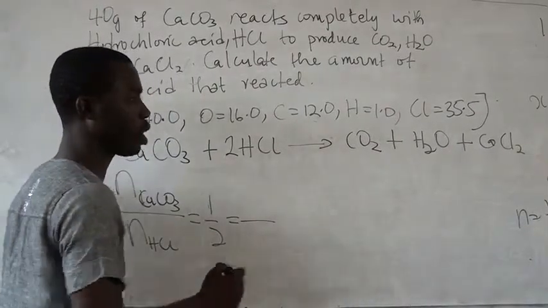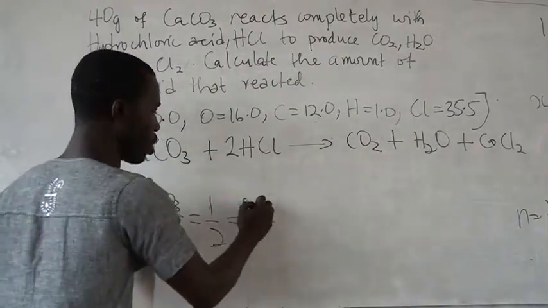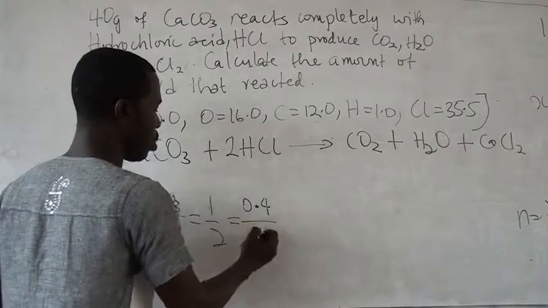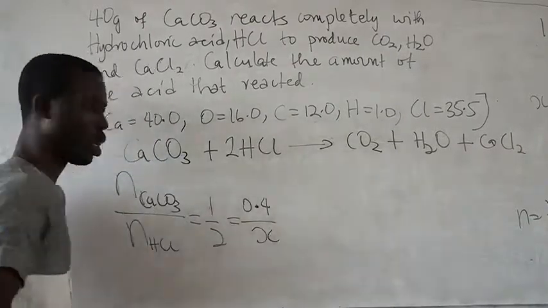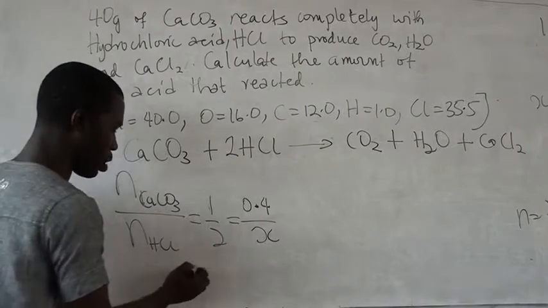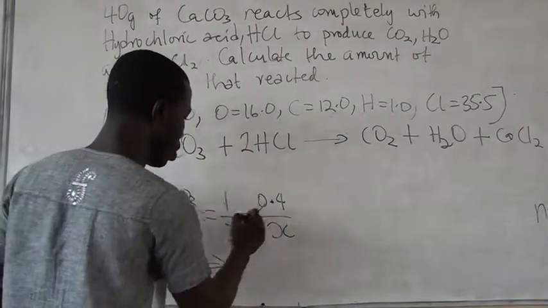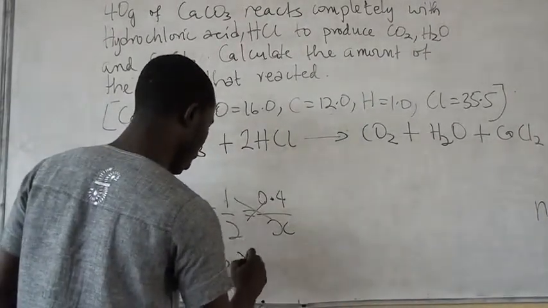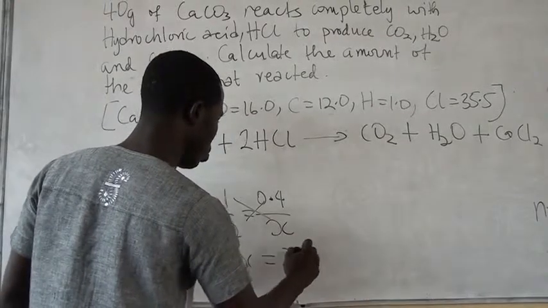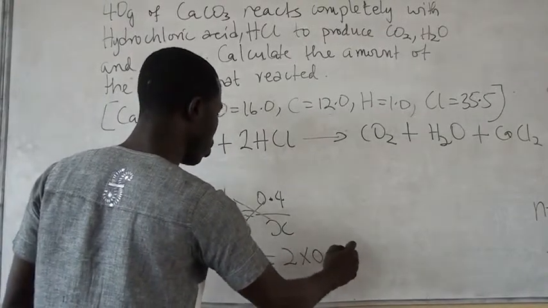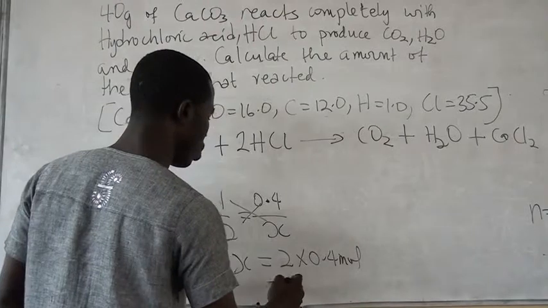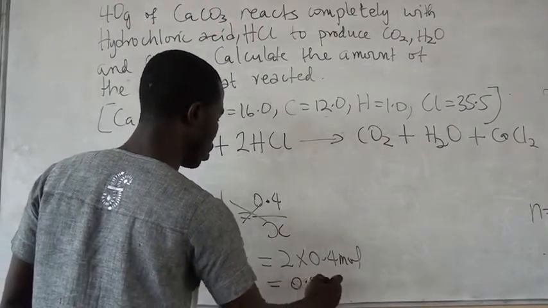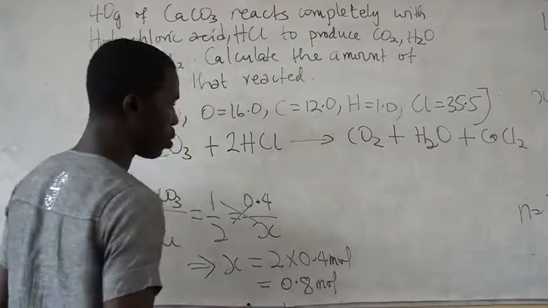So we calculated the number of moles of the calcium carbonate, which is 0.4 mole. But for the HCl we don't know, so we go ahead to calculate. X equals 2 times 0.4 mole, which gives you 0.8 mole.